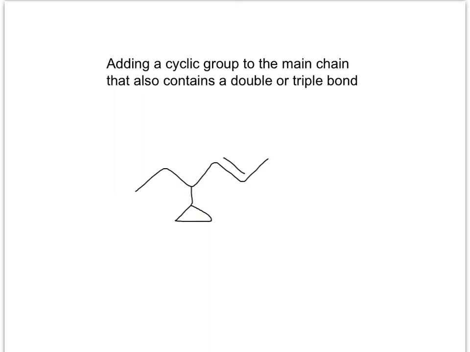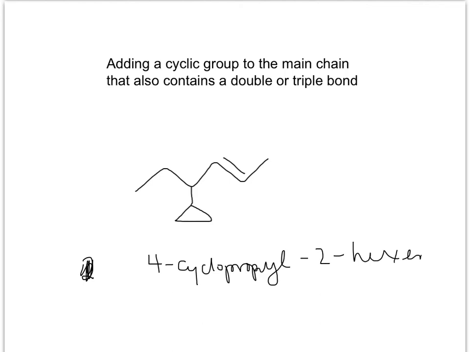And so the double bond starts in the 2 position, going from right to left. So this is going to be, hold on, 1, 2, 3, 4, sorry, that's wrong. It'll be 4-cyclopropyl, and then 1, 2, 3, 4, 5, 6, 2-hexene. The -ene tells you it's got a double bond, and it's in the 2 position.